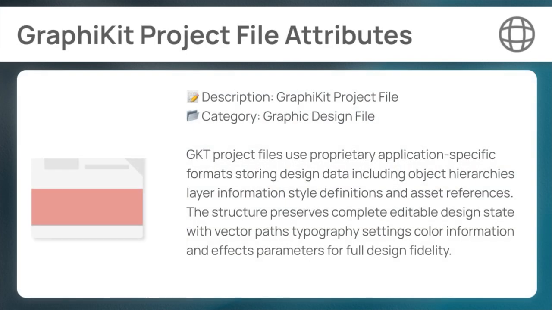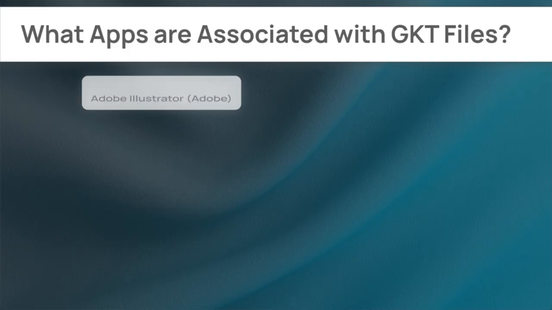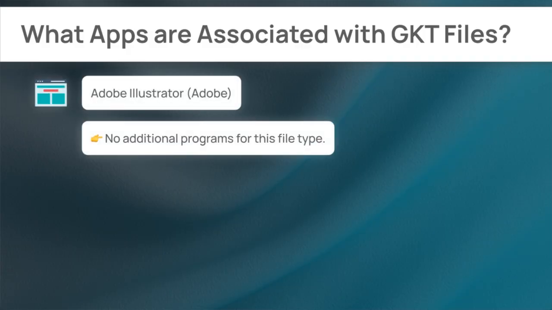GKT project files use proprietary application-specific formats, storing design data including object hierarchies, layer information, style definitions, and asset references. The structure preserves complete editable design state with vector paths, typography settings, color information, and effects parameters for full design fidelity. The most trusted opener for the GKT file is consistently Adobe Illustrator from Adobe.